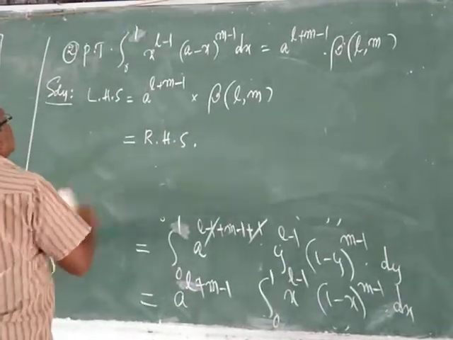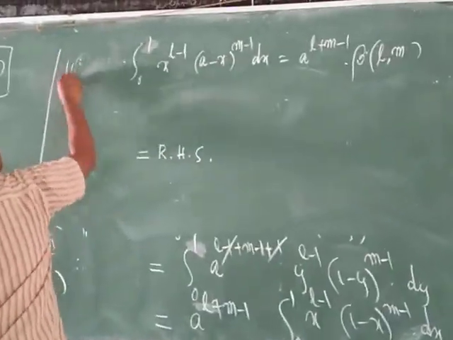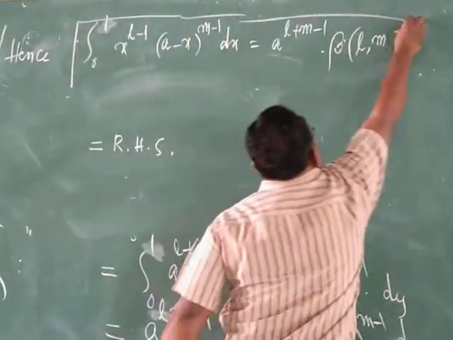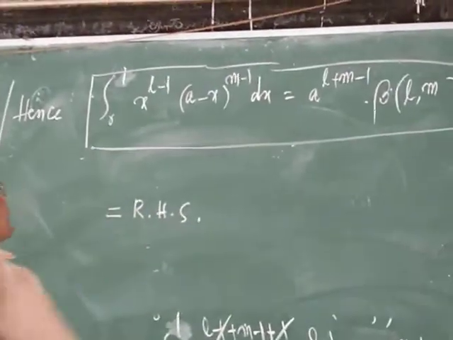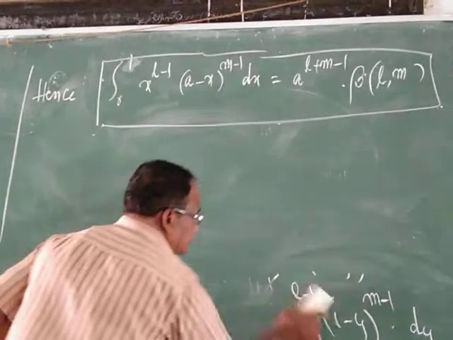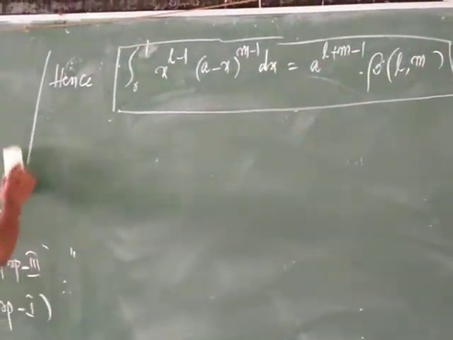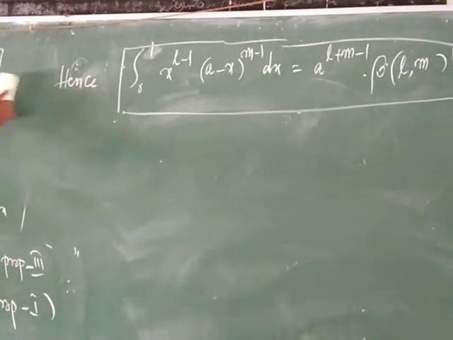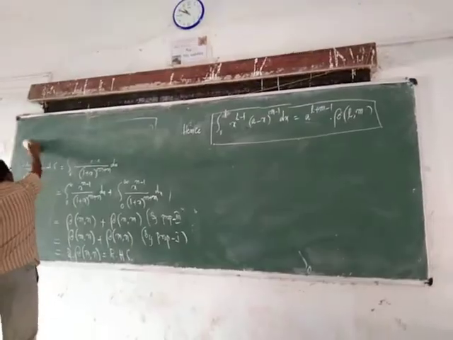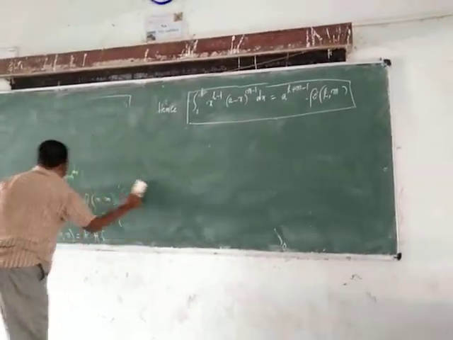Hence, your LHS is equal to RHS, and hence you can have this result: integral from 0 to a of x to the power l minus 1 into a minus x whole to the power m minus 1 into dx is equal to a to the power l plus m minus 1 into beta l, m.